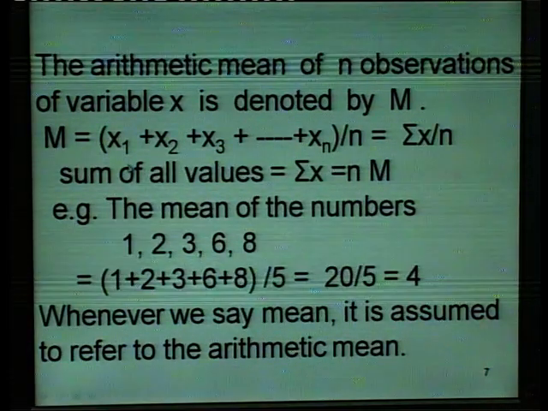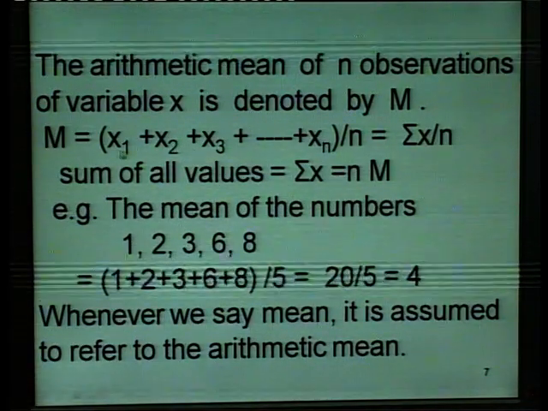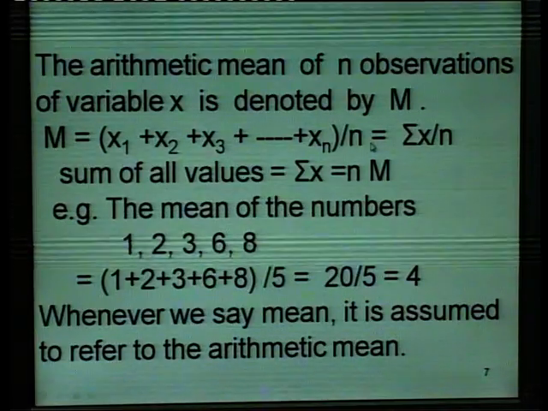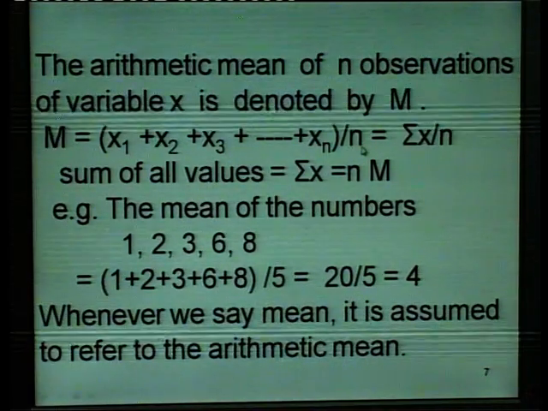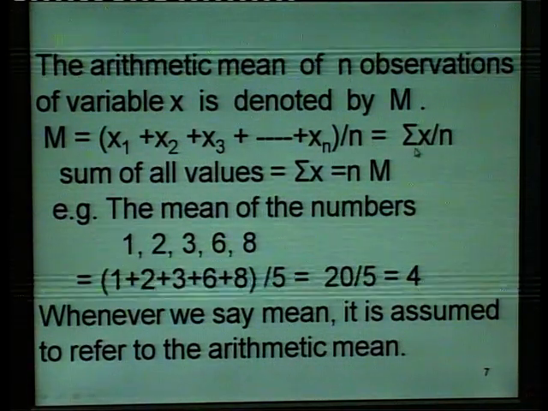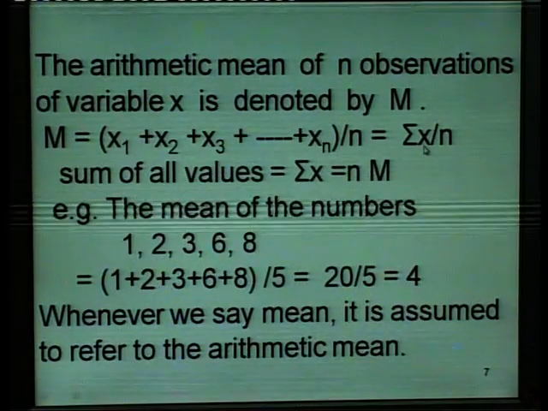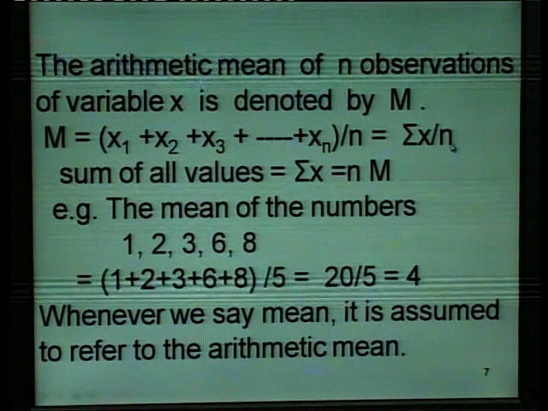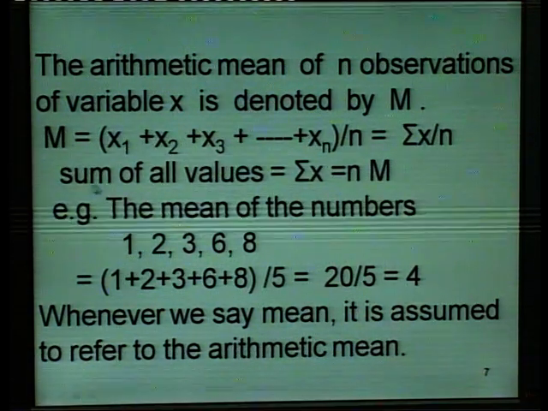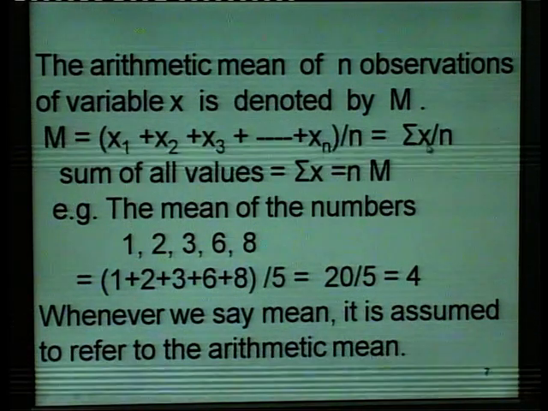If there are n observations, say x1, x2, x3, up to xn, then we add all these values and divide by the number of observations. We write summation x, that is the symbol of summation. Summation x means the sum of all values of variable x, divided by the number of observations. So the mean is equal to summation x by n.